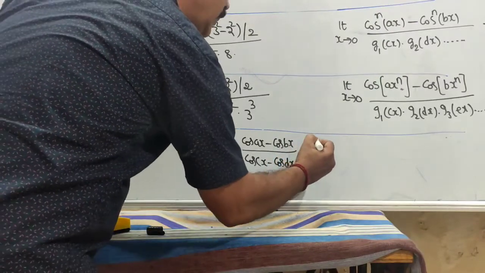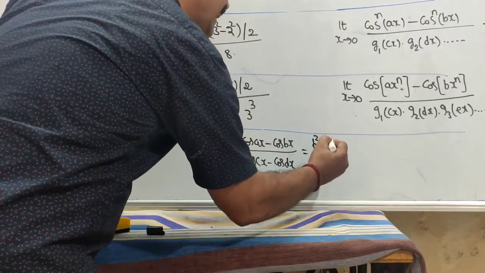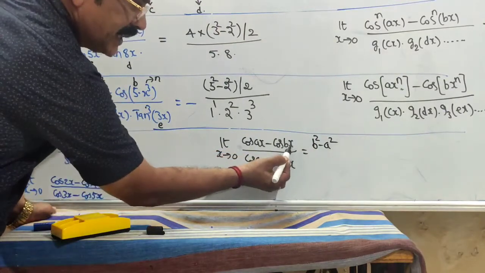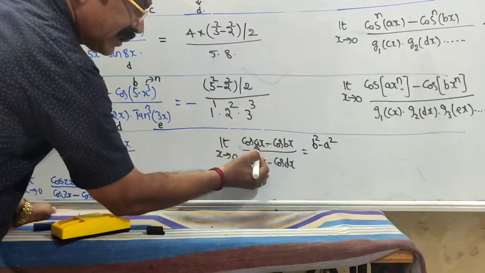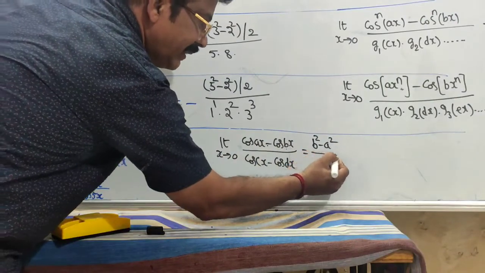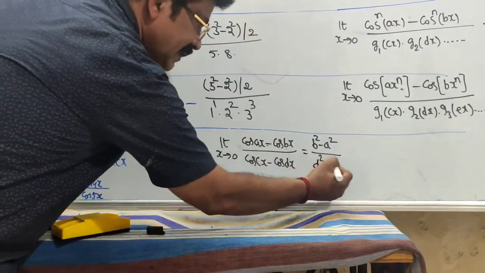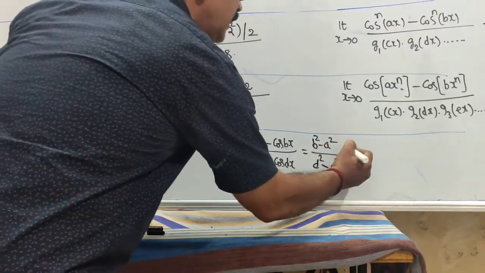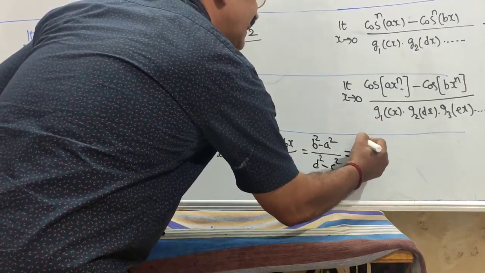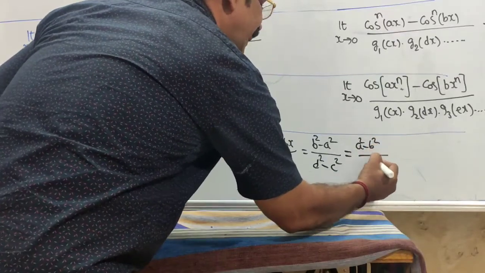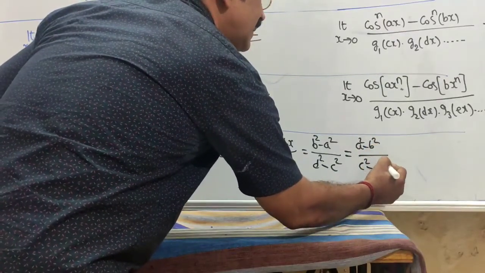So that is equal to, it is nothing but b square minus a square in the reverse order, divided by d square minus c square, or we can write like that, a square minus b square divided by c square minus d square.